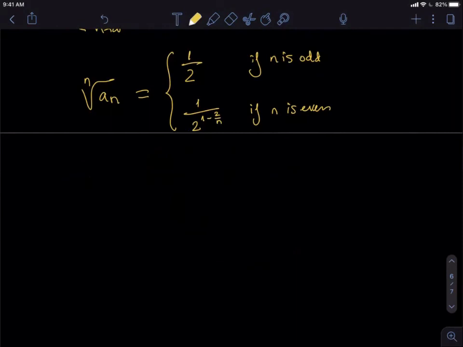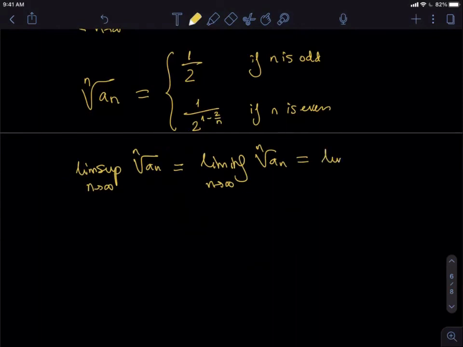Now something nice happens here. The lim sup in this case is equal to the lim inf. That means there exists a limit of the sequence and the limit is equal to 1/2. Okay, notice here the 2 over n, as n tends to infinity, disappears and we get 1/2 just as before.